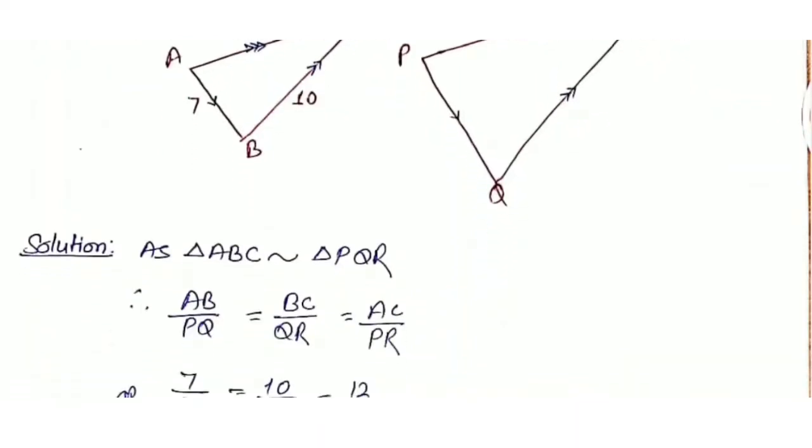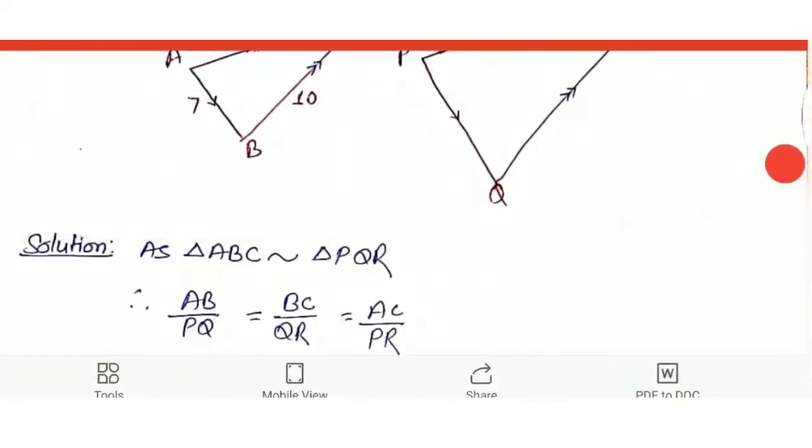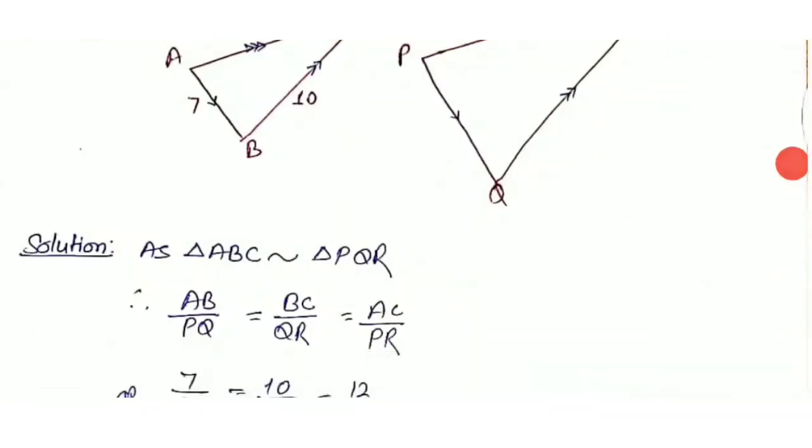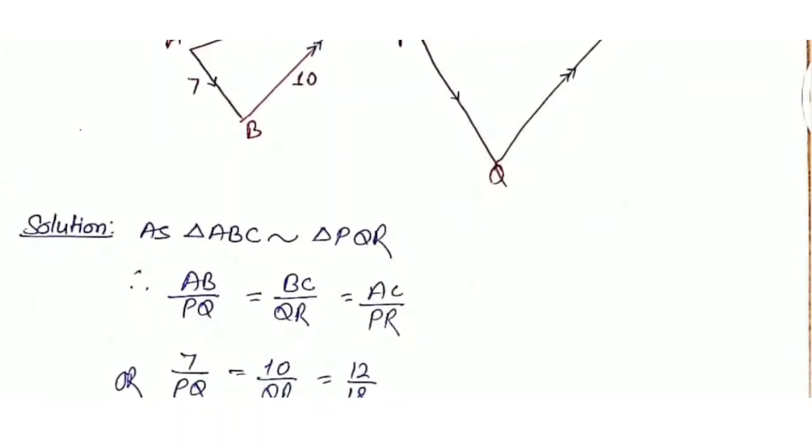So the solution. Triangle ABC is similar to triangle PQR, so the ratios of corresponding sides will be equal. So AB by PQ equals BC by QR equals AC by PR.